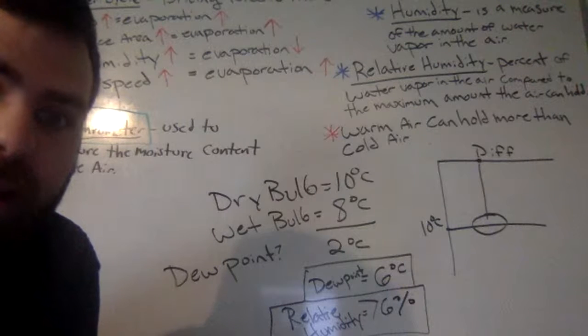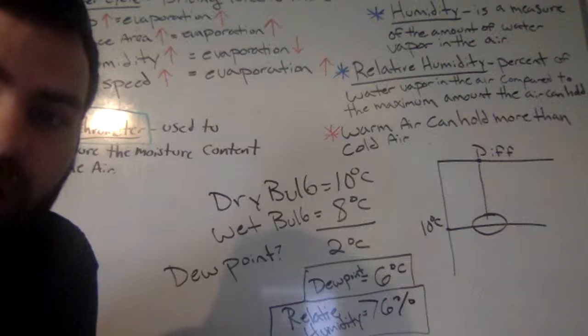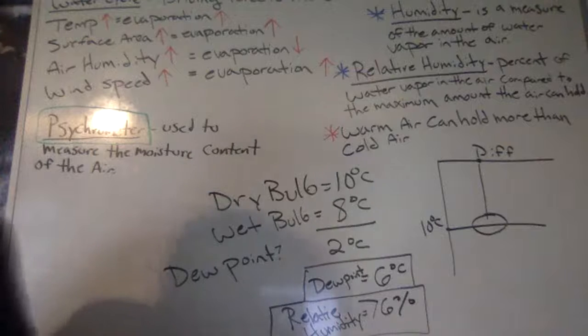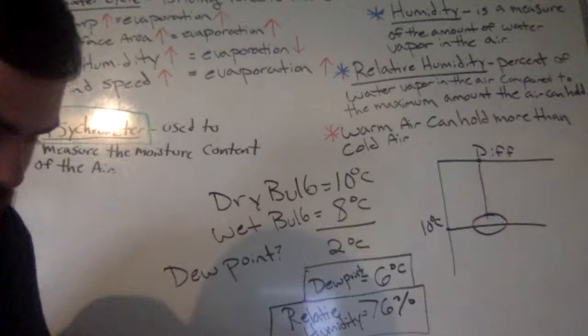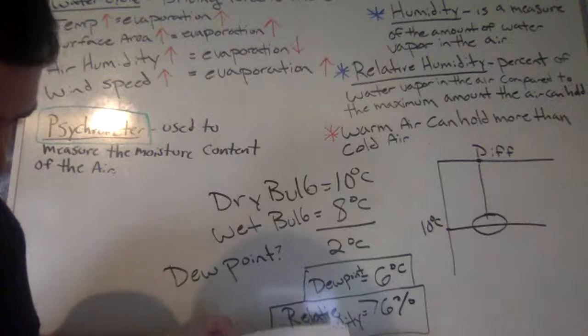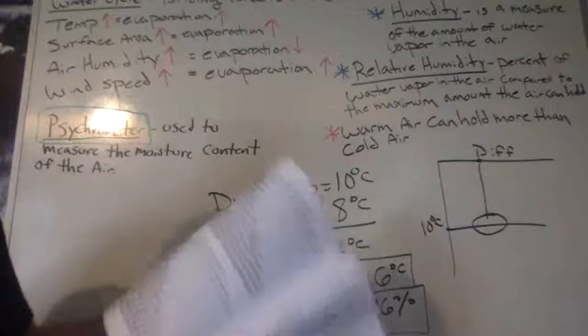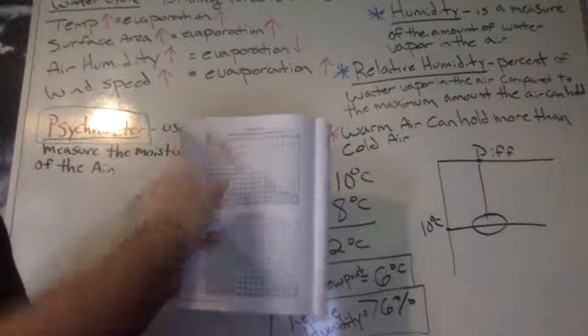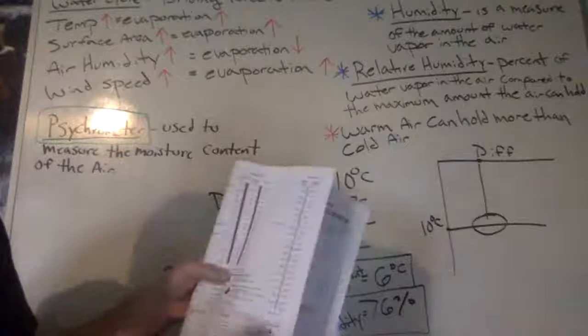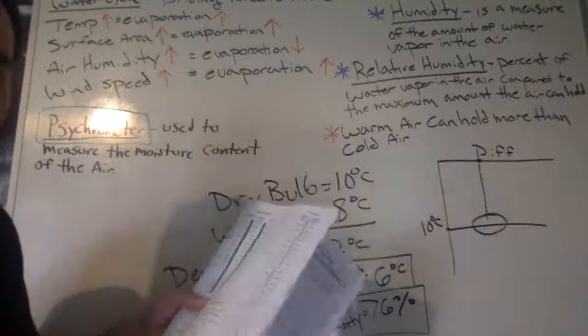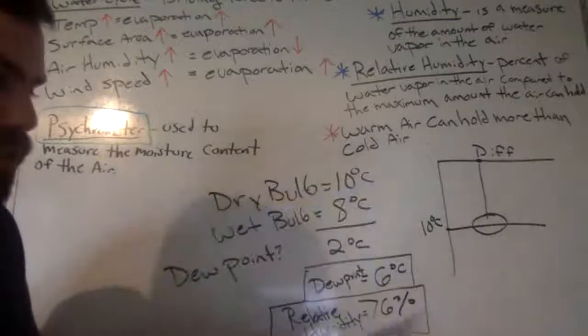So definitely glance at it. Some of them might be a little tougher than others. But you're going to be using page 12 and page 13. It's all going to be converting. You're going to use your dew point, relative humidity, and then on the other page, you're going to be converting temperature and pressure.